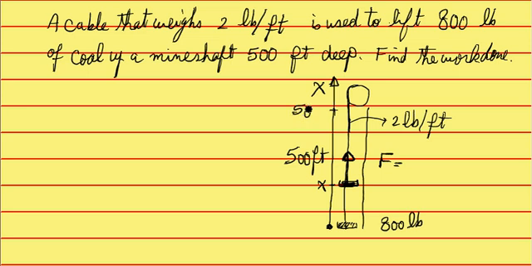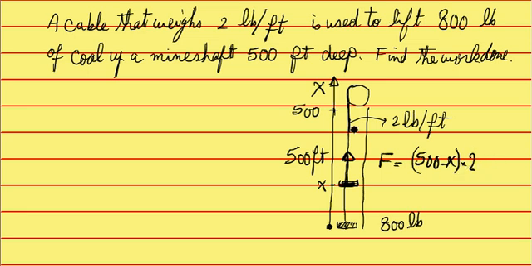Remember, this is 500. So how much cable is left at this point? At this point you have 500 minus x. That's the length of the cable. You still have that much cable hanging down. It is weighing 2 pounds per foot. So I multiply by 2.